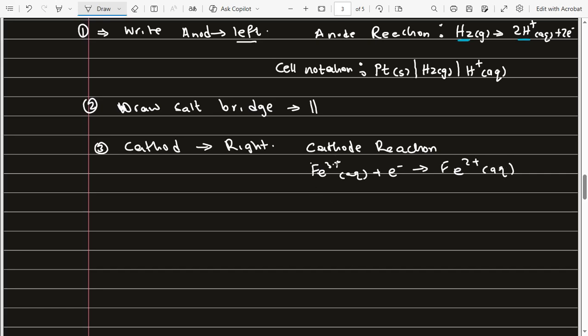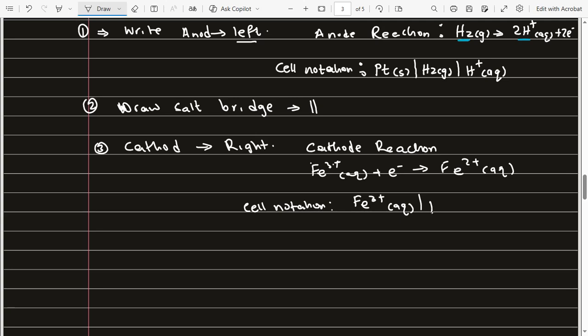So when you write your cell notation for this one, just write it the way it is. You start with the Fe3 plus first, then a line, and indicate that the Fe3 plus is in what state? It's in aqueous solution. And then draw that. What's next?